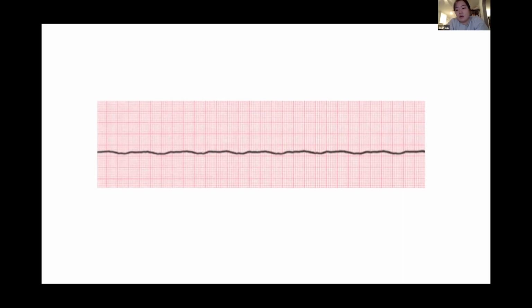Okay. What are some reversible causes of cardiac arrest? So you would be running through your H's and T's this whole time. So acid-base disturbance, hypotension, not oxygenating enough, so hypoxemia, toxins.